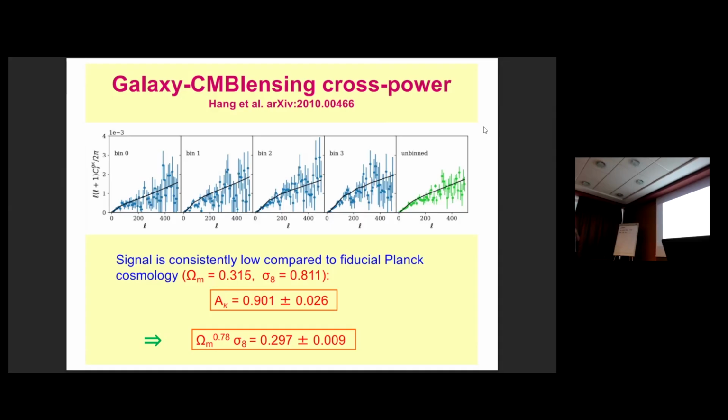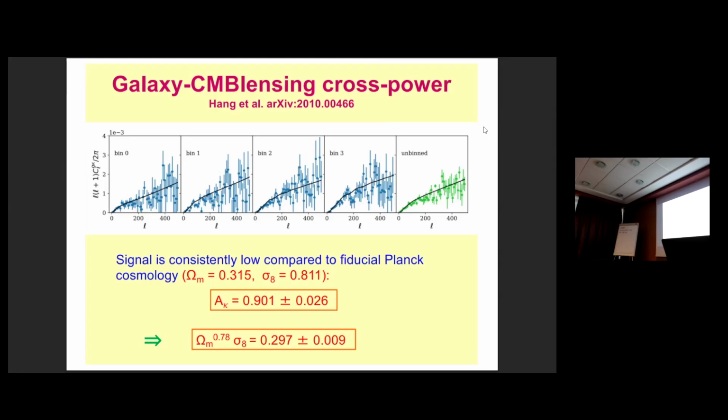Now, what you can see is it's well measured, and also you can see, I hope consistently, the signal is a little bit below the black line. The black line is the prediction of the Planck fiducial model, so the relatively high density, omega matter of 0.315. And basically everything is about 10% low compared to that.